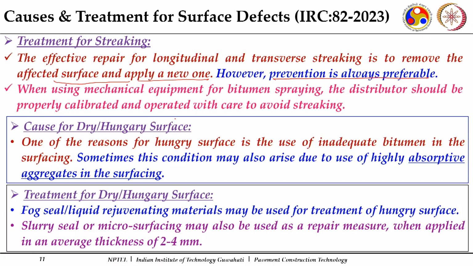When using mechanical equipment for bitumen spraying, the distributor should be properly calibrated, because the nozzle openings also change with time, so that also needs to be adjusted. The speed of the binder distributor has to be properly controlled so as to have a uniform application, and operated with care to avoid streaking.